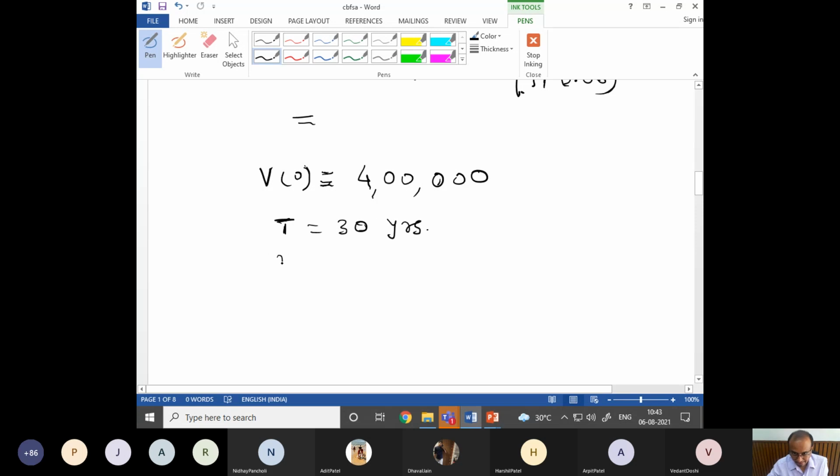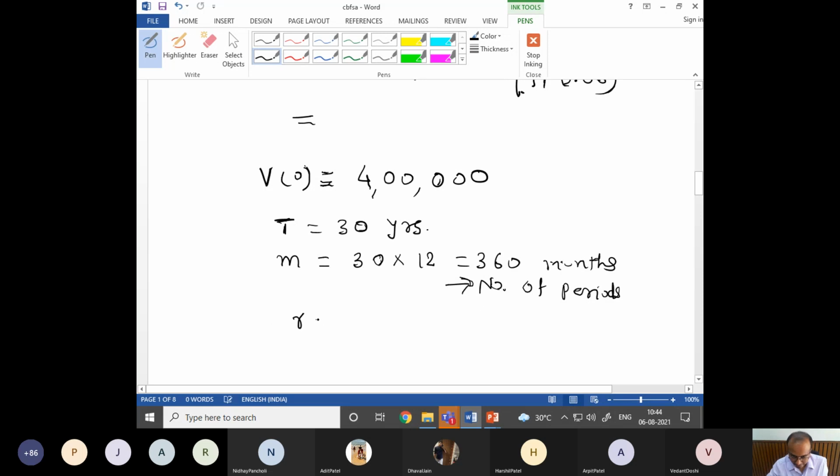Time period is 30 years, but how many number of periods? Because I have to pay monthly, the number of periods is 360. So that is very important in calculation. Whether it is month or whatever doesn't make any issue, right? So this is the number of periods.